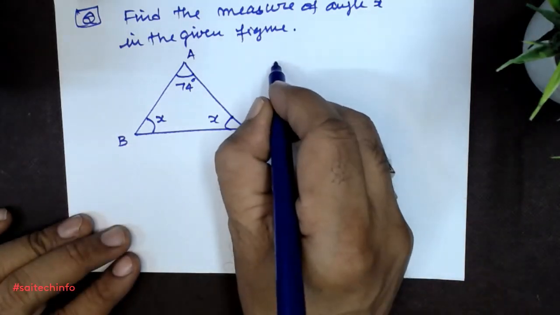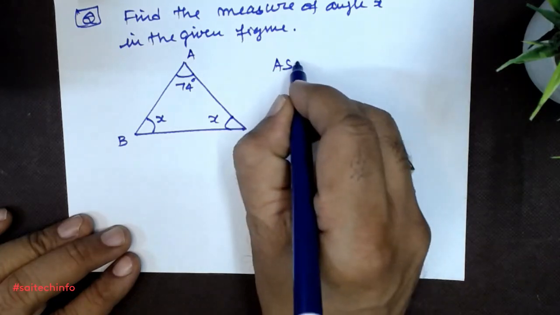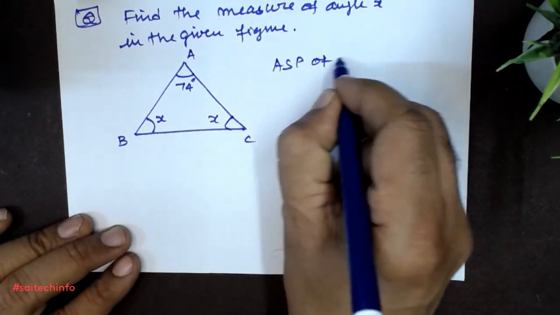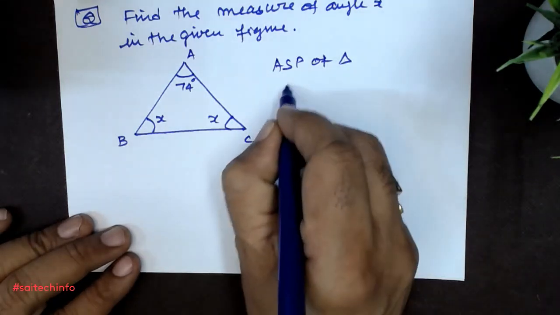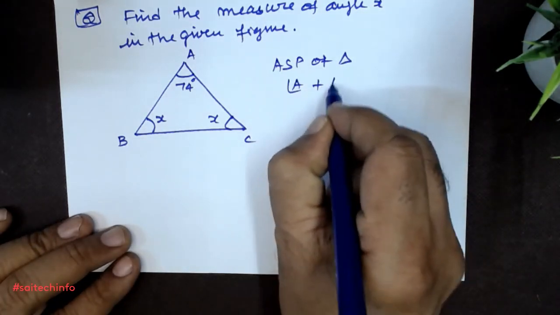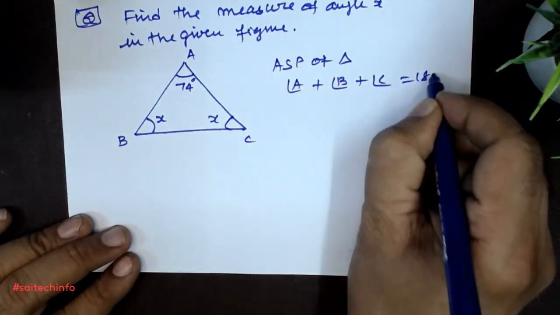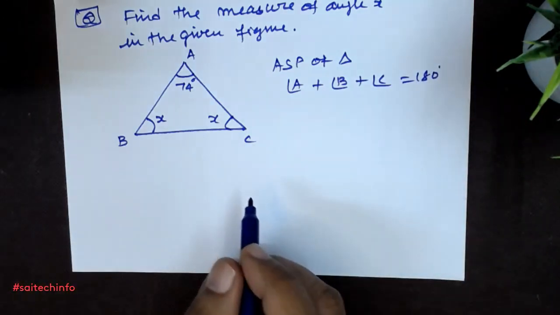According to the angle sum property of a triangle, angle A plus angle B plus angle C is equal to 180 degrees.